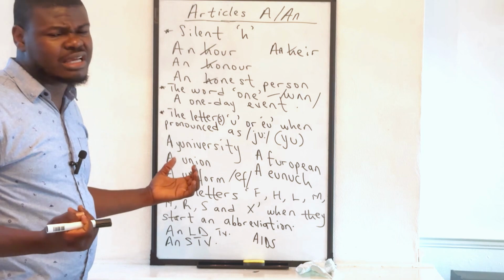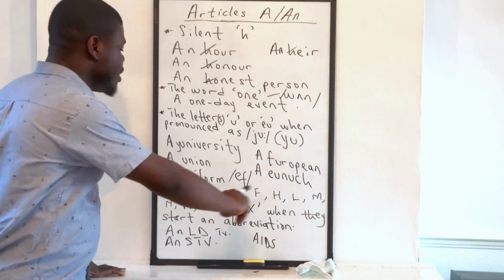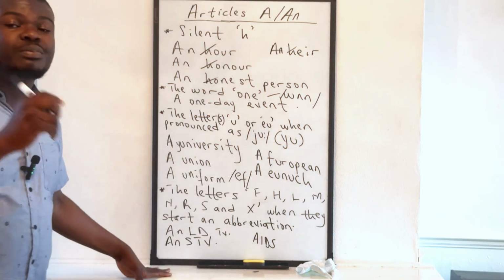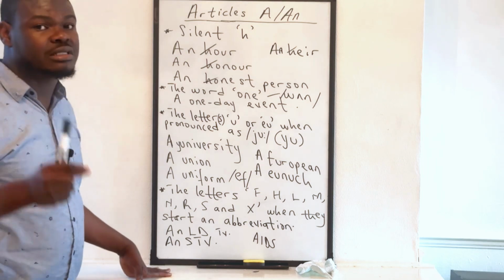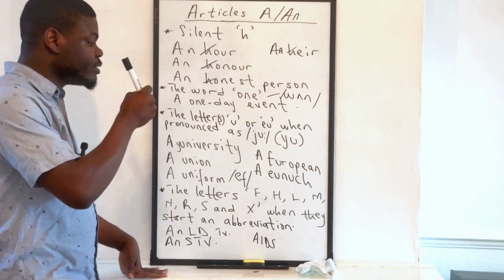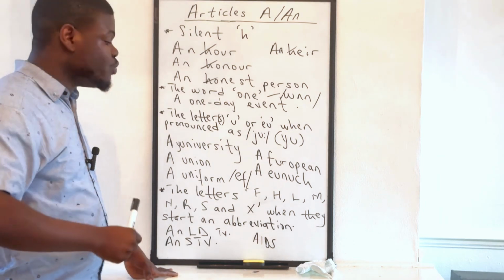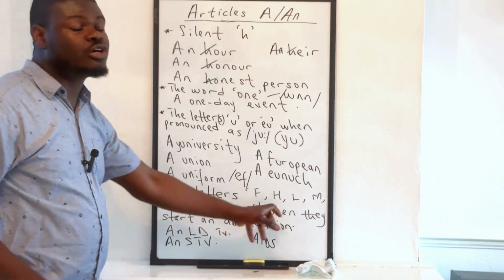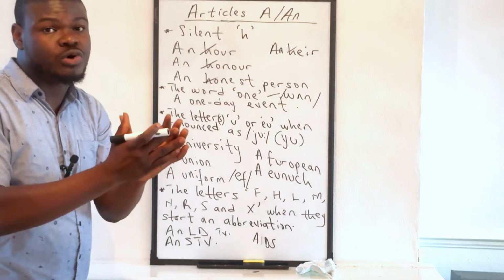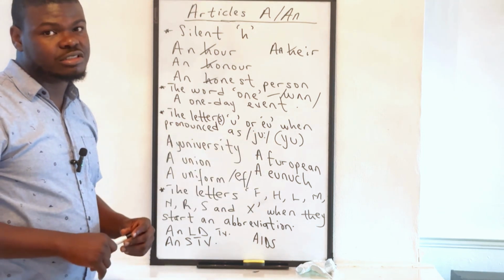Do you understand, yeah? So that's the rule for abbreviations when we pronounce them alphabetically, using the names of the letters, when we're not pronouncing them as though they are acronyms, where we are pronouncing them as a word, like AIDS. Do you understand that?